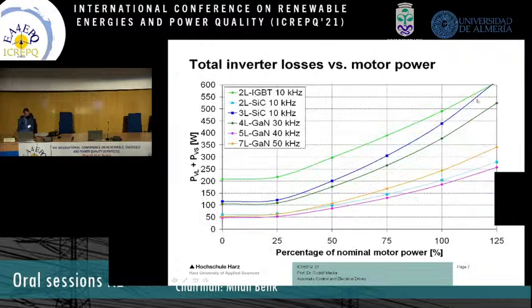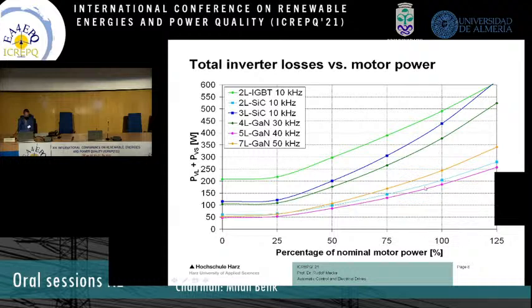The conduction and switching losses for different inverter levels are shown for an 11 kW induction motor at 100 degree junction temperature. The wide bandgap switches have a clear advantage over IGBTs, and the greatest loss reduction of 60% at nominal motor operation point is achieved with a 2-level inverter by replacing IGBTs with silicon carbide FETs.